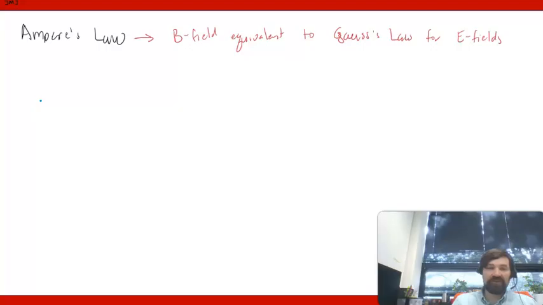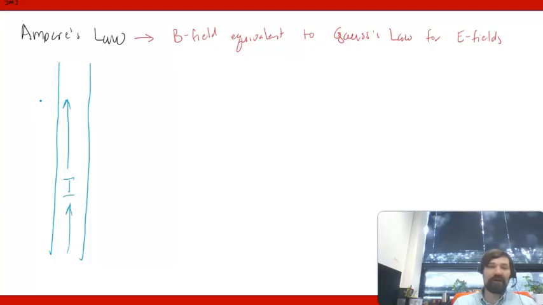Let's say I have a wire, which I'm just going to draw as a thick wire, with some current I moving through it. What is Ampere's law going to do for this?